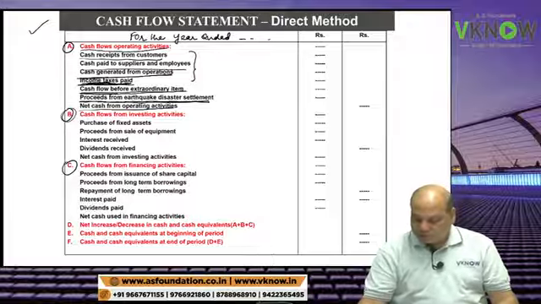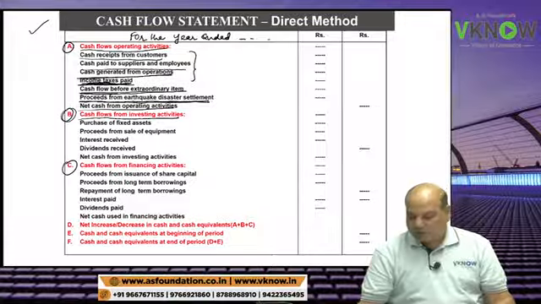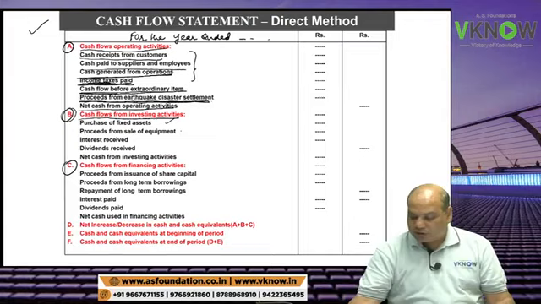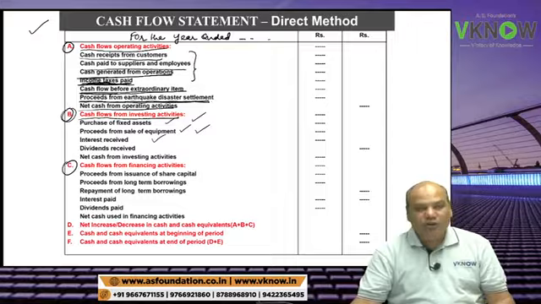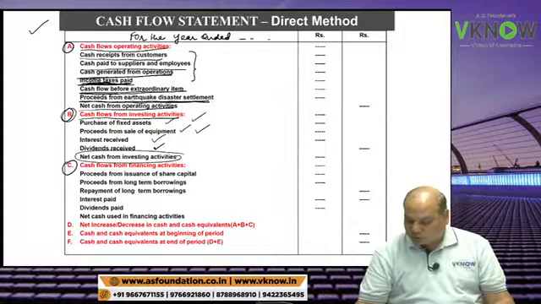Then point number B will be cash flow from investing activity. Here we will write items like purchase of fixed assets, sale of fixed assets, purchase of investment, sale of investment, interest received on investment, dividend received on investment, and then we'll take the total.